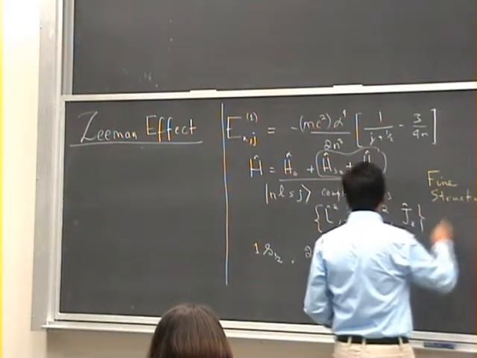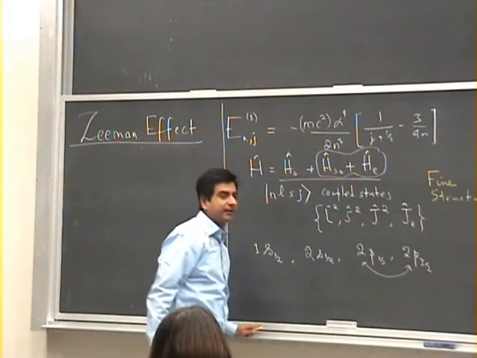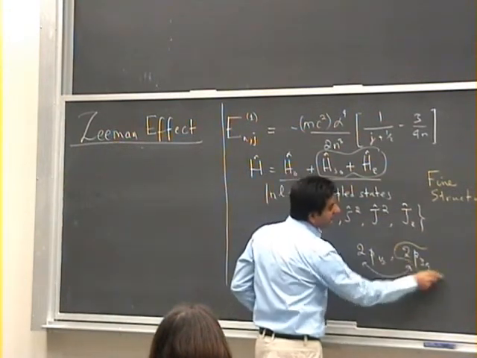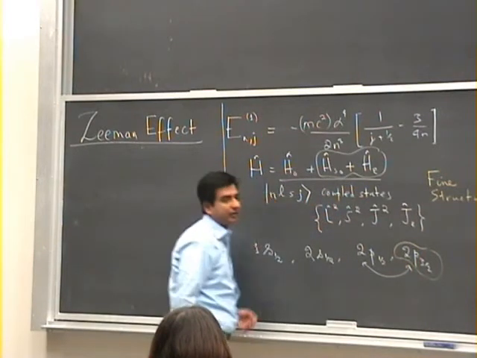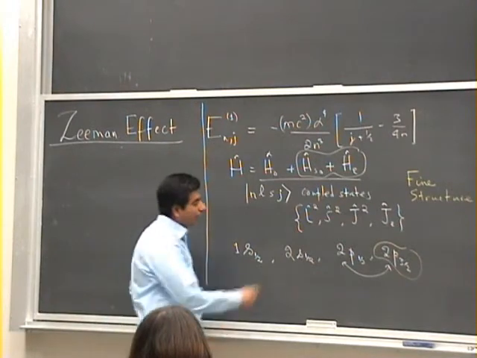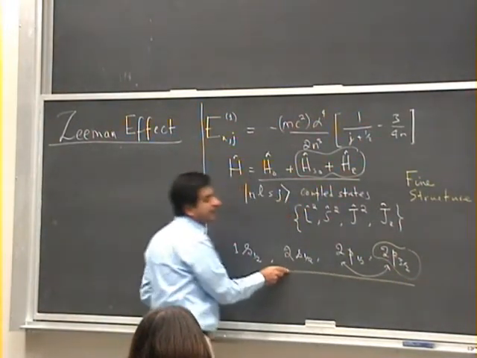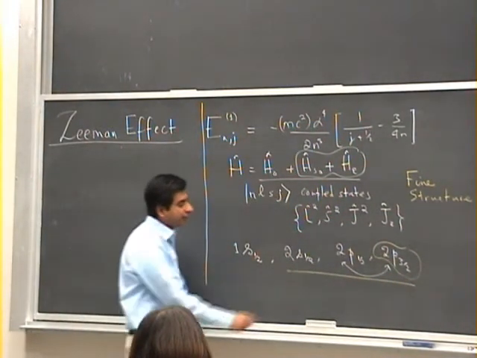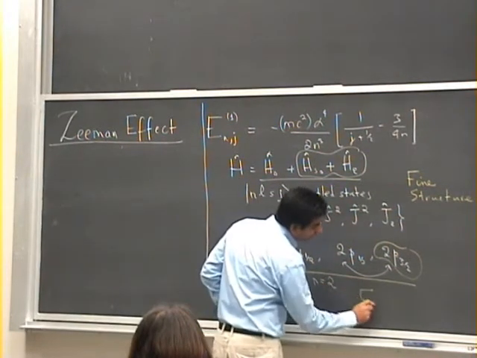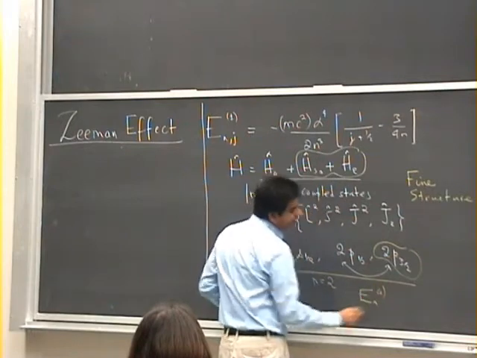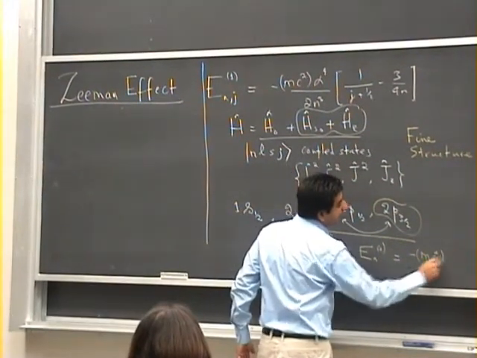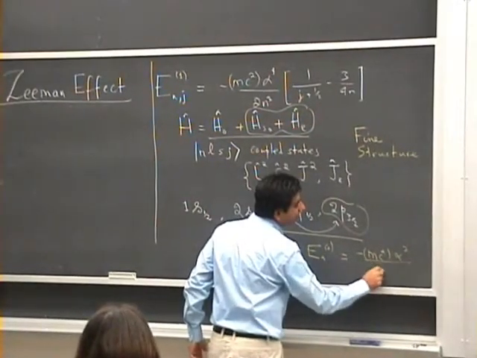My first question is that if, for example, we have a state 2p 3 by 2, this is a particular energy level. Previously, all of these levels were degenerate because they had the same value of n, and the energy to zeroth order, which means the unperturbed energy, was simply given by minus mc squared alpha squared over 2n squared.